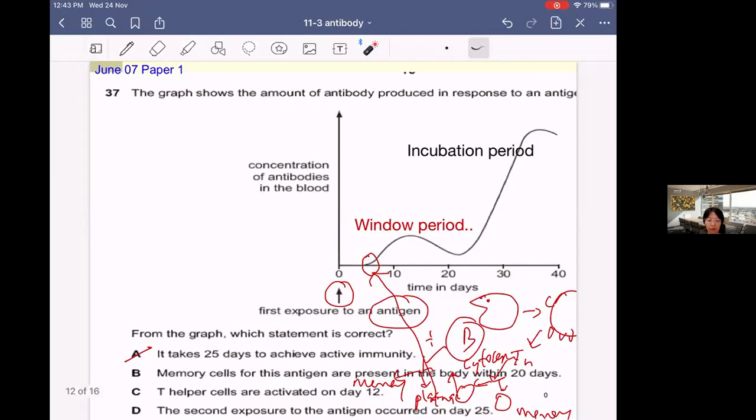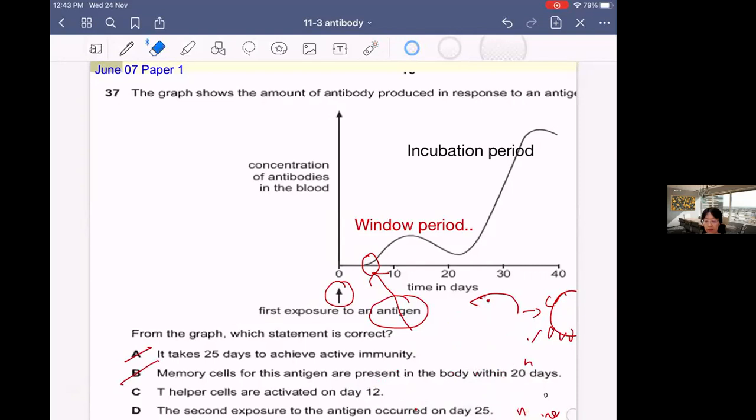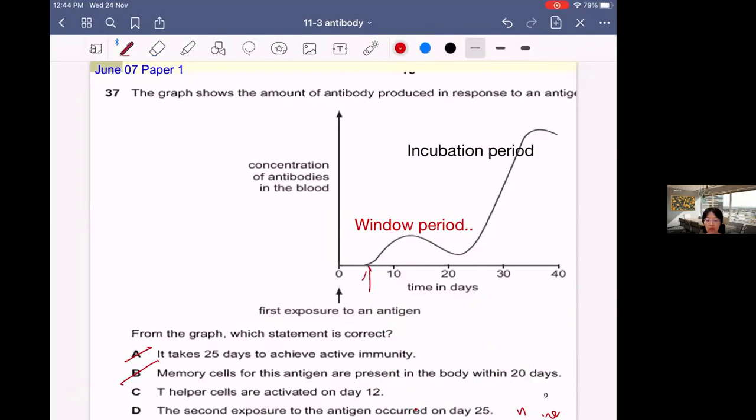Good question. B, memory cells for this antigen are present in the body within 20 days. Correct, within 20 days the memory cells can be seen. On day 5, the moment antibody is produced, that means plasma cells are produced, because antibody comes from plasma cells.